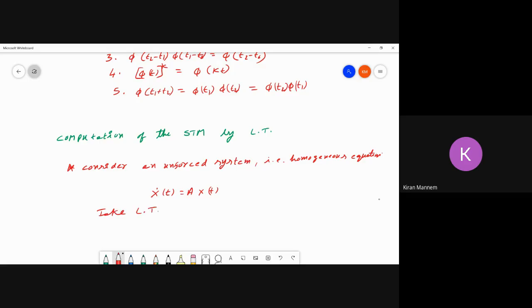So what is the Laplace transformation of x dot of t? It would be s into x of s minus x of 0 is equal to A into x of s. The same thing we are doing with the Laplace transformations.